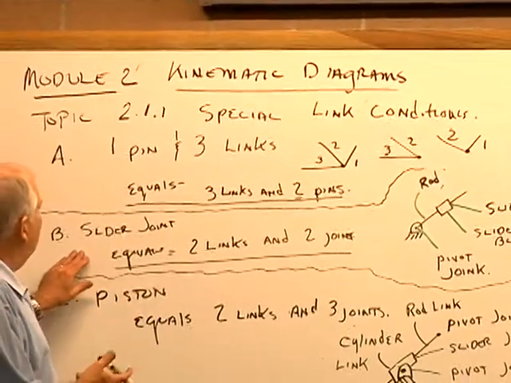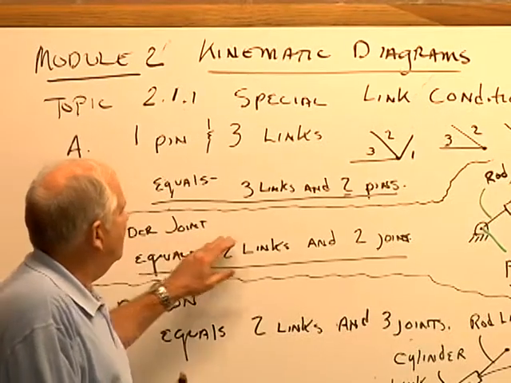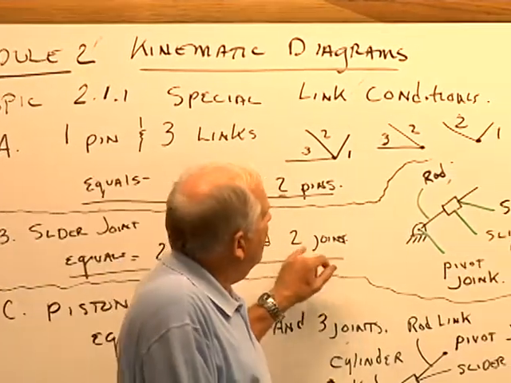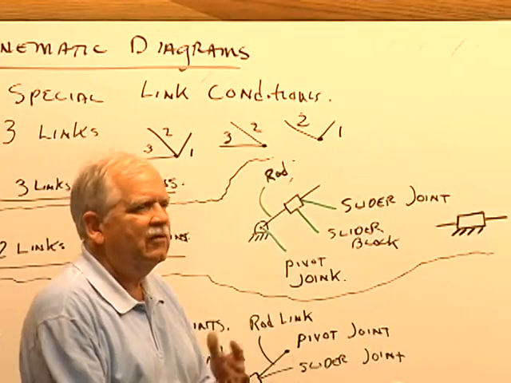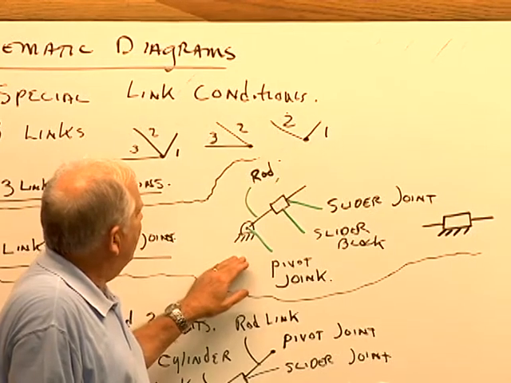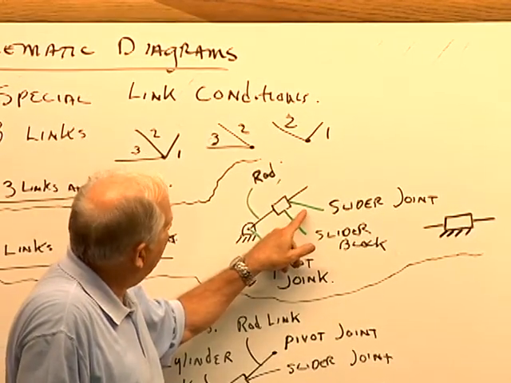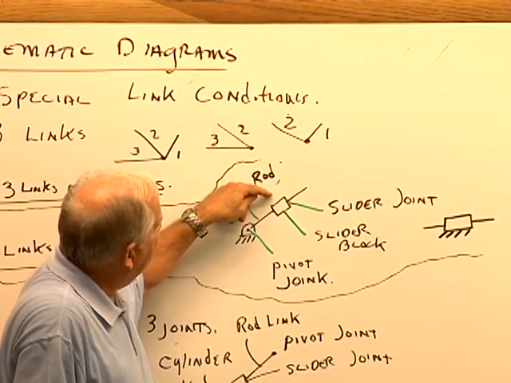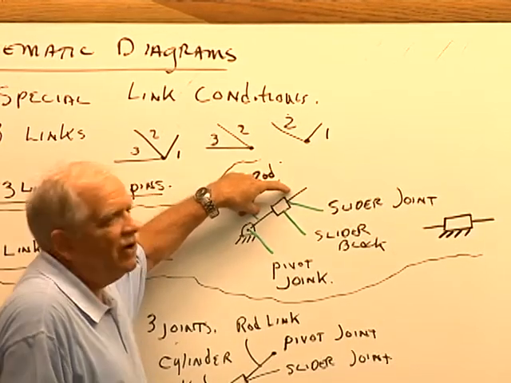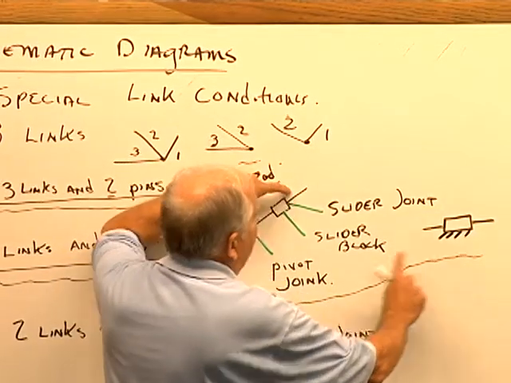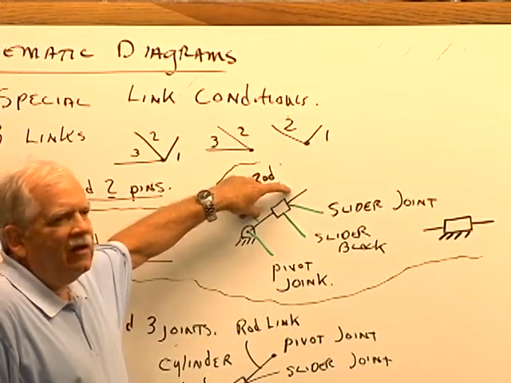Now the second one here is when we have a slider joint, and we're going to consider 2 links and 2 joints. As I tried to emphasize from the book, the slider is actually a link, and the rod on which it slides, or in this case the surface on which it slides, would become a link.